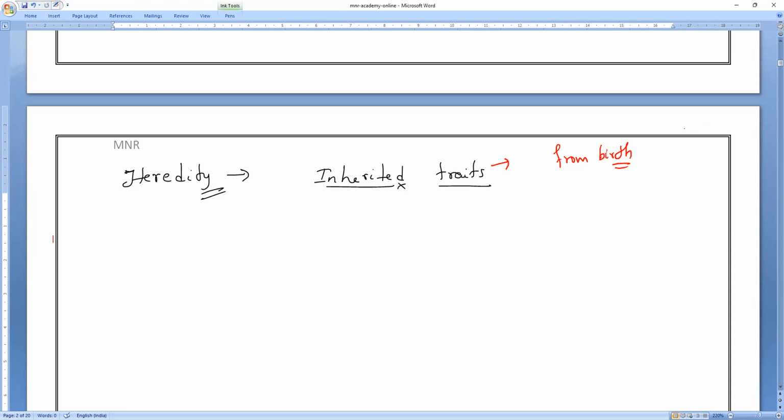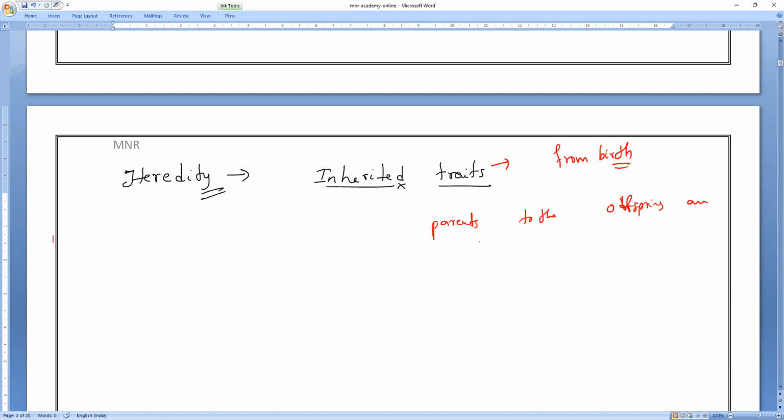There is a greater possibility that the characteristics of our parents may not appear at the time of birth, but later when you are grown up, they may come out. So the characteristics or traits that are transmitted from parents to offsprings are known as inherited traits.